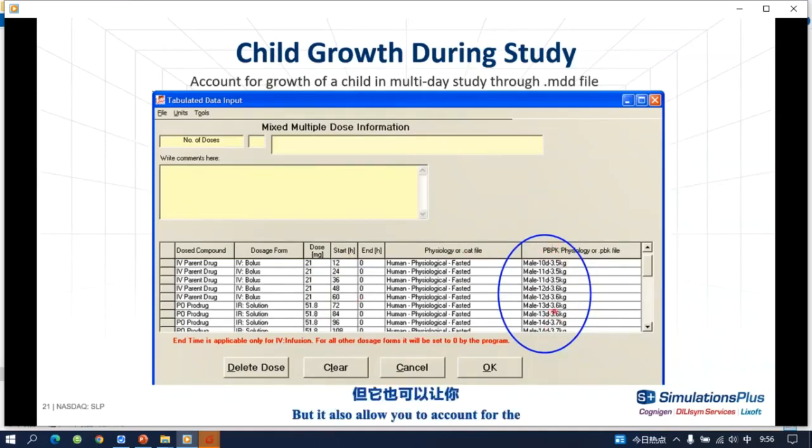But it also allows you to account for the growth of a child. And this would be more critical for looking at the infants or neonates, where even from one day to the next, the physiology can differ quite a bit. So it does allow you to schedule or create that growth exactly as you want it, because you'd be telling the program how the child is growing from that one day to the next.